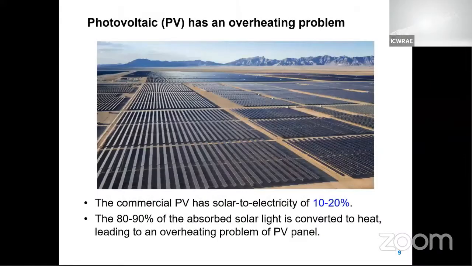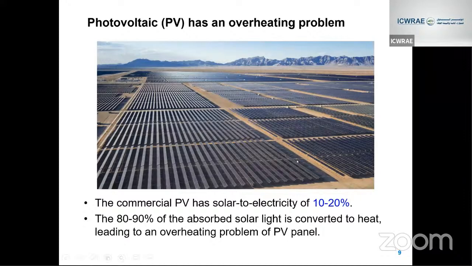Before showing you some work we did, I want to brief you on the importance and the problem of photovoltaics, or PV. As we all know, PV is arguably the most popular renewable energy these days. Well, PV is not perfect. As a matter of fact, it has a very serious problem, overheating. Why is this?